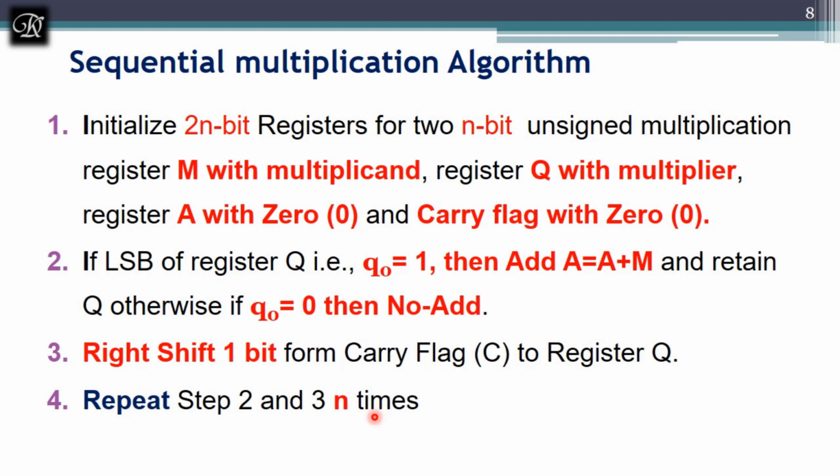In the previous example, n was 4. We have taken 4-bit numbers, both the same bit size, and we performed 16 operations. So here we are going to repeat steps 2 and 3 n times. For our example, it is 4. Let's see the example.